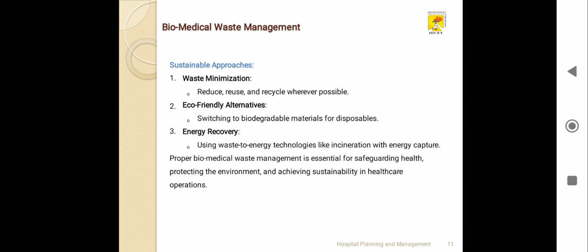And energy recovery, using waste-to-energy technologies like incineration with energy capture. Proper biomedical waste management is essential for safeguarding health, protecting the environment, and achieving sustainability in healthcare operations.